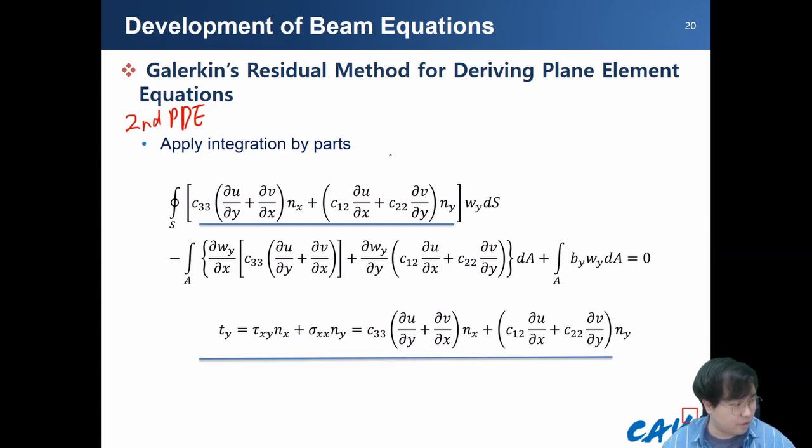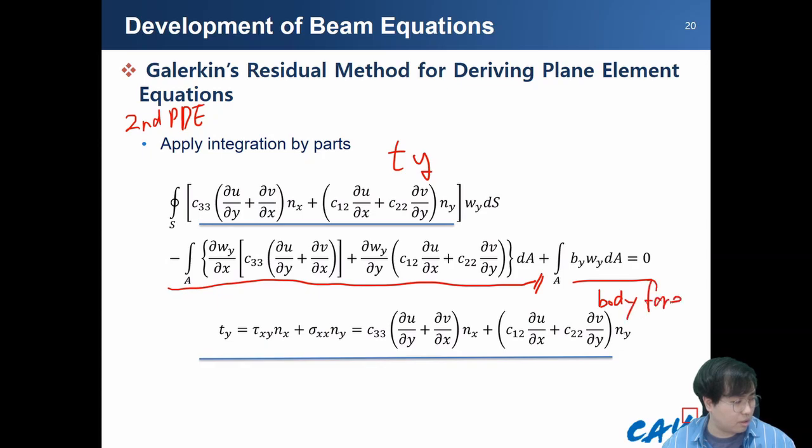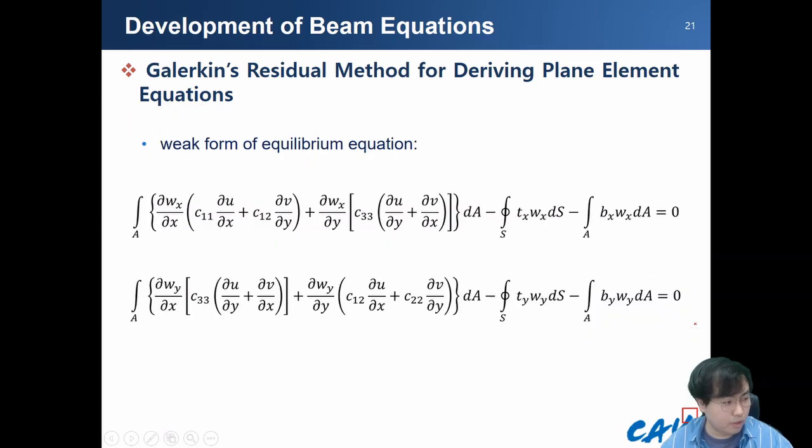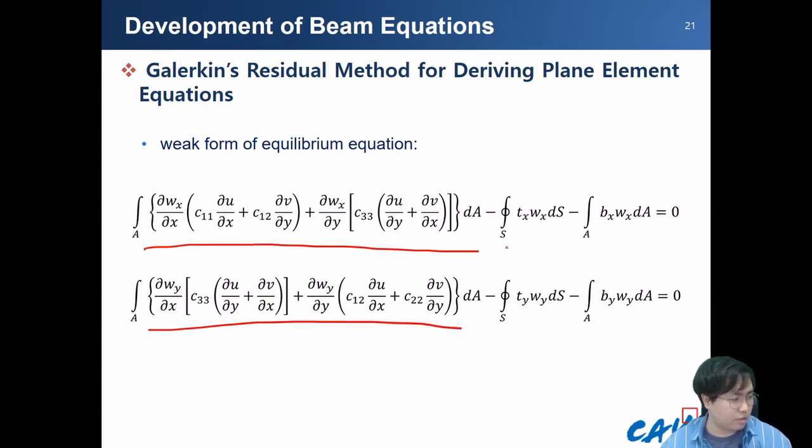First is the traction force in the y direction, then this is our governing equation, and this is the body force in the y direction. Finally, we obtain two different equations. The first part is the governing equation, the second is the surface traction forces, and the third is the body forces in the x direction and the y direction.